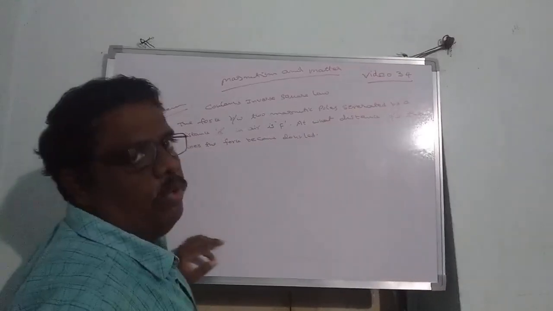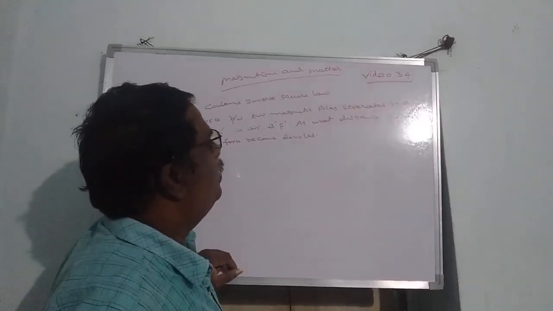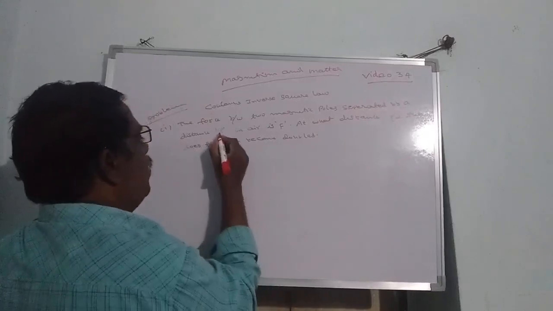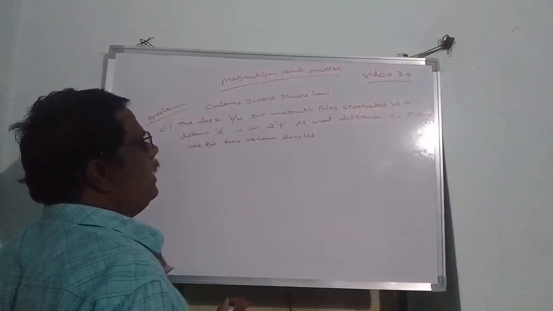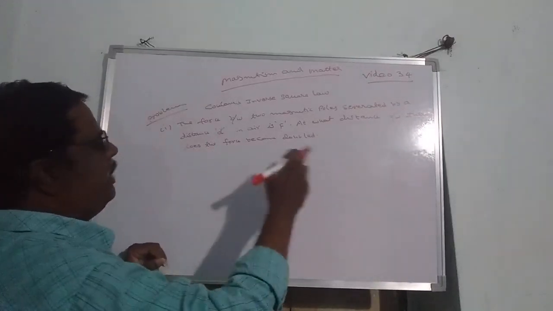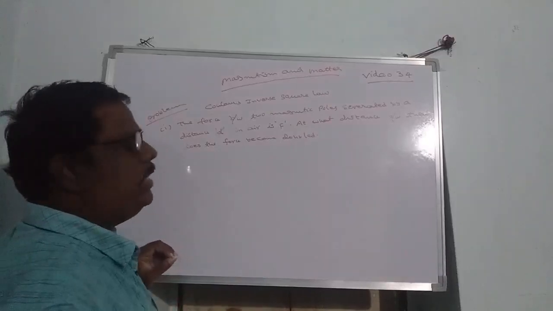Read the problem: force between two magnetic poles separated by a distance d, small d, in air is F. At what distance between them does the force become doubled?